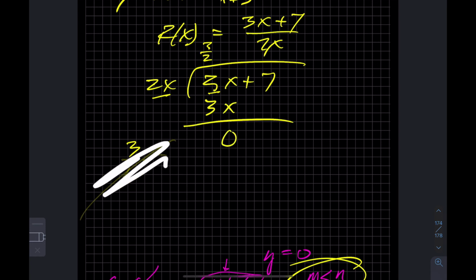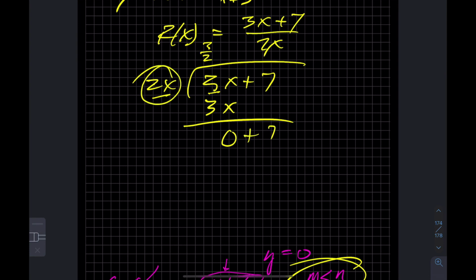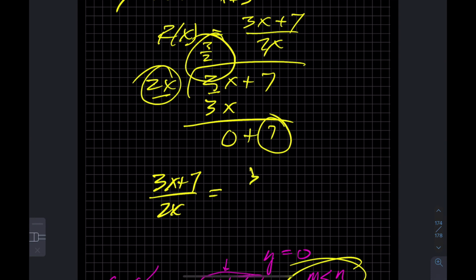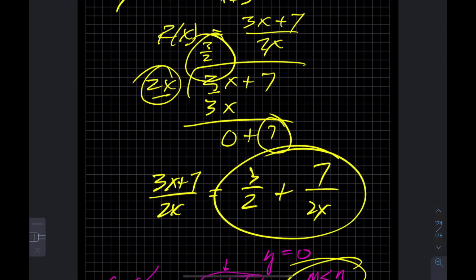Subtract that, and I get 0. And then plus 7, well, 2x does not divide into 7. It's done. So my division algorithm looks like this: 3x plus 7 over 2x equals my quotient, 3 halves. Look, it's the ratio of the lead coefficients, plus 7 over 2x. Okay? So it is the result of division.